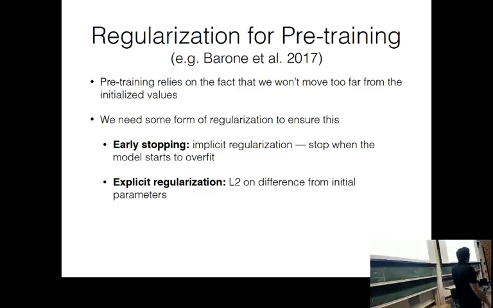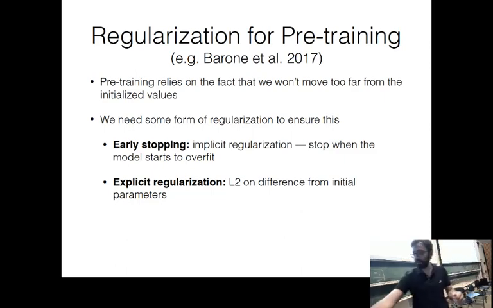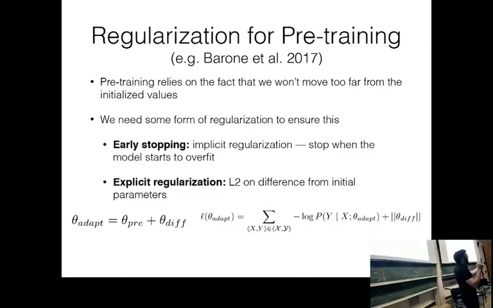Or you could do explicit regularization, where you have an additional component in your loss function and penalize large differences from the initial values, right? And this is how the loss function on the right would look like.